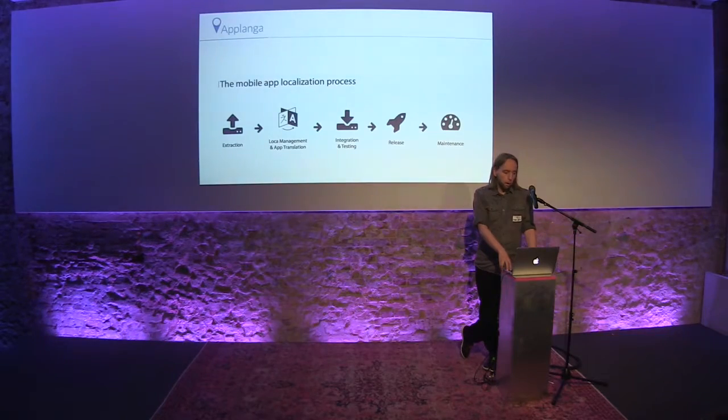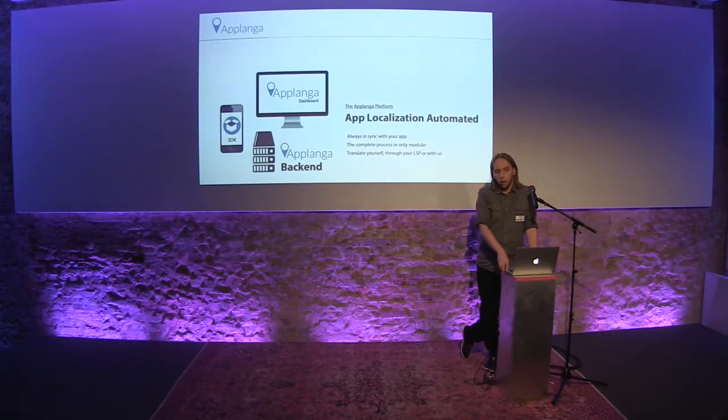That's mainly the reason why we built Applanga. As I said, all these processes are manual, and with Applanga we try to automate them as much as possible. We have an SDK that goes into your app, and on app start it automatically finds all translatable strings and uploads them to our dashboard, where you can manage them.